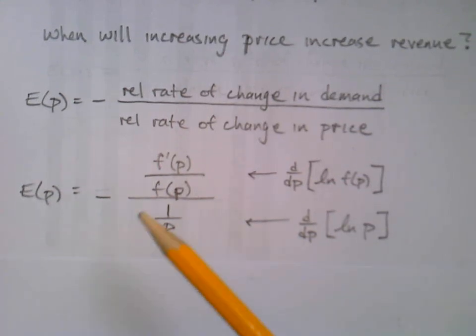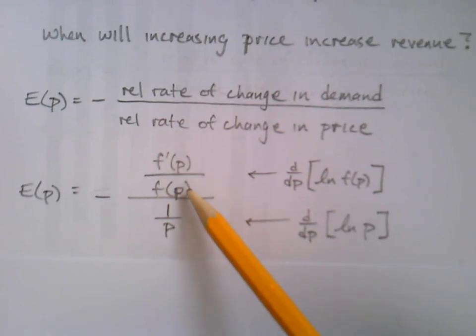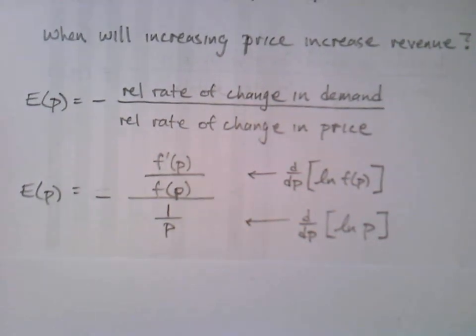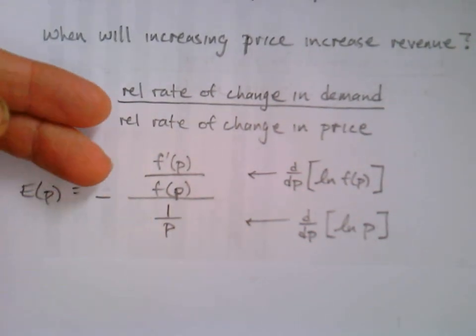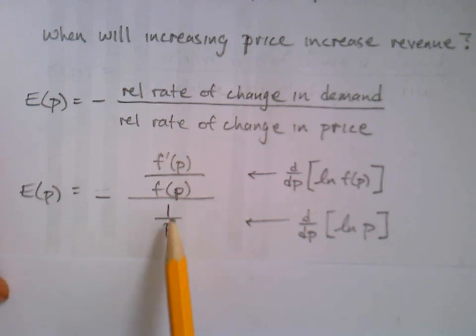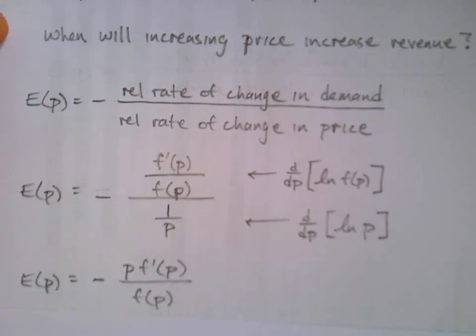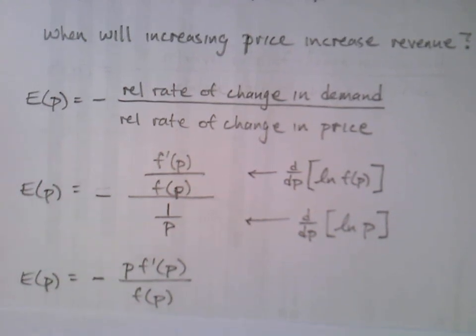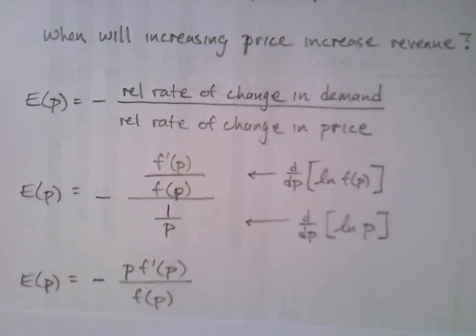Okay, so we've got the ratios of these two relative rates. To simplify, if I've got a fraction over another fraction, I can take the one on the bottom, flip it and multiply it to the top. So the P ends up multiplying the derivative. The 1 multiplies with the original F, and the negative, of course, carries along, and we get to this.